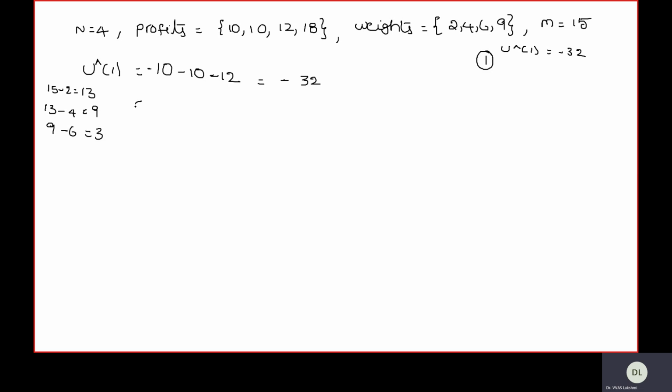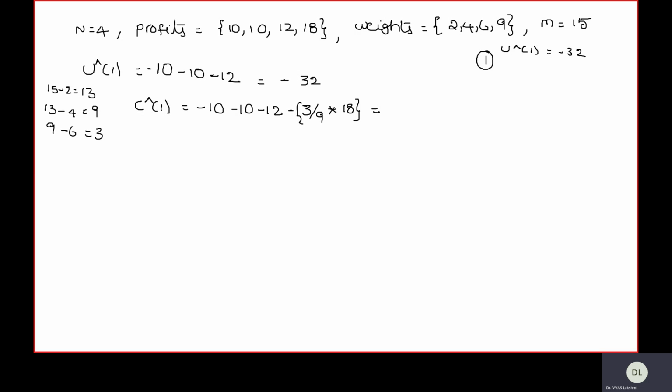In the same way we are going to calculate lower bound of 1, that is minus 10, minus 10, minus 12. And here fractionals are allowed to be placed into the bag, so that for the fraction of the last item, that means among 9 kgs we are able to place 3 kgs, so the corresponding profit is earned by us.